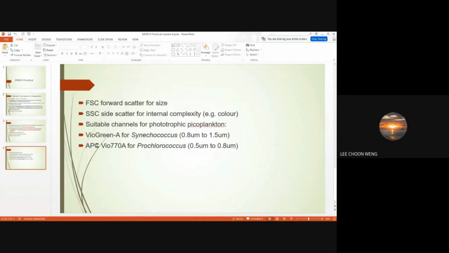So the capability of a flow cytometer is dependent on how many channels it has. A low-end flow cytometer will have about two channels, so that will cost maybe about 80 to 100,000 ringgit.